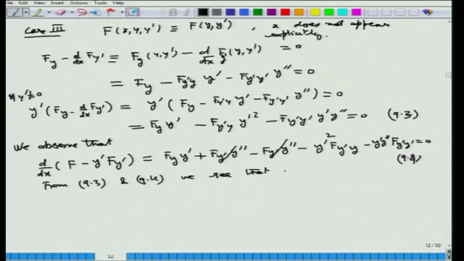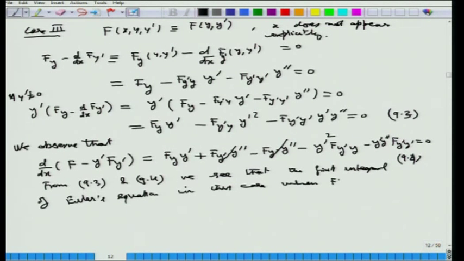this first integral of Euler's equation in this case, when f is a function of y and y prime only, is given by f minus y prime f_y prime equal to C1.